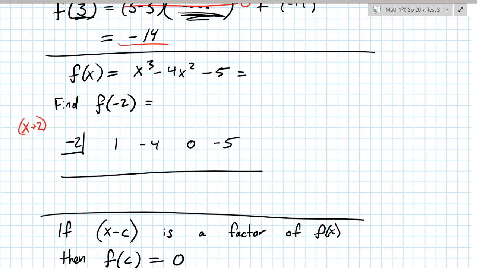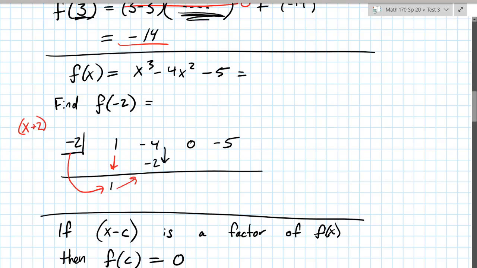Okay, but practically speaking, we don't have to do anything with that. 1 comes down, negative 2 times 1 is negative 2.